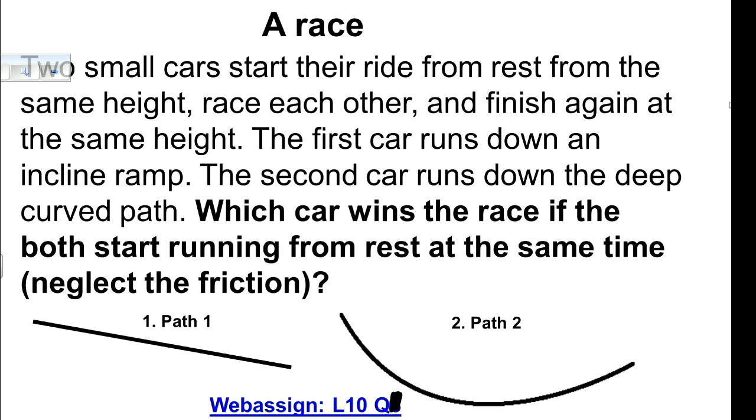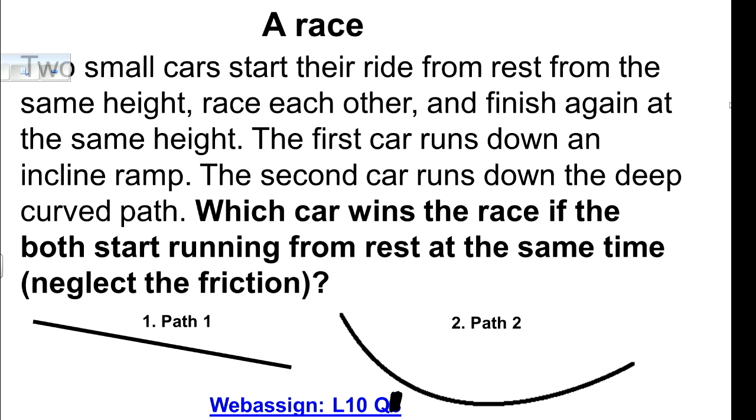I have here two tracks. One we call path 1. The second, with the dip, we call path 2. I have two cars, almost frictionless, and I let them go simultaneously at the same time.